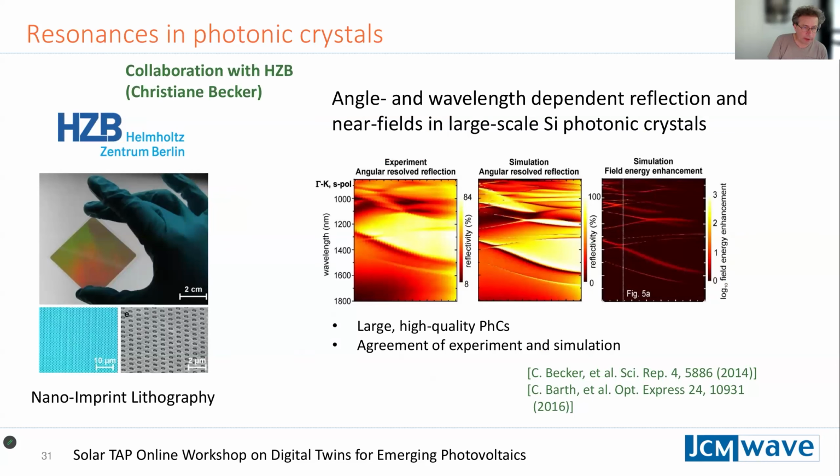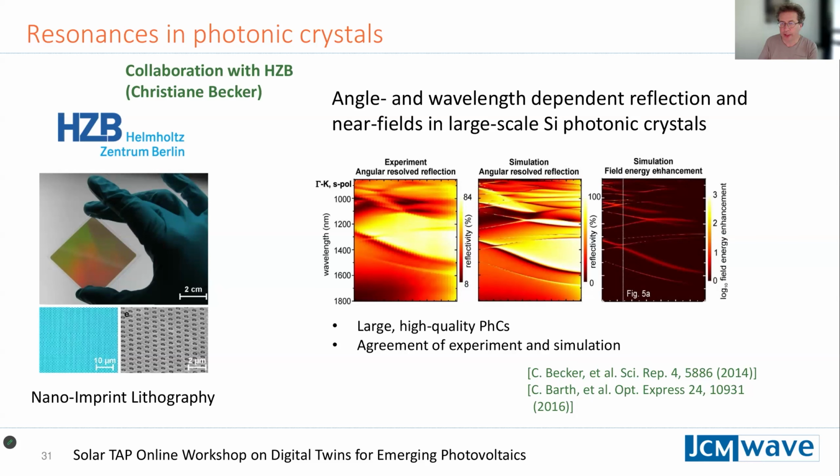Okay, then often we look at resonance effects. Typically, resonances enhance performance, and this is typically a main driver for nanophotonics, that you can use this performance enhancement for various experiments and in the end devices. Here you see photonic crystals, large-scale photonic crystals made at Helmholtz Zentrum Berlin. And you see that experiment and simulation of the angle-resolved reflection spectrum, where the angle is to the right, agree very nicely.